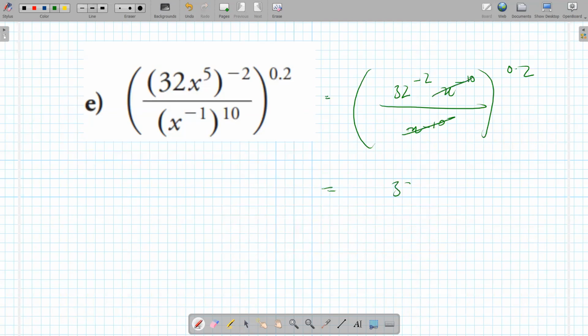So we have 32 to the power -2, to the power 0.2. Now what? What is 0.2 as a fraction? 1/5.